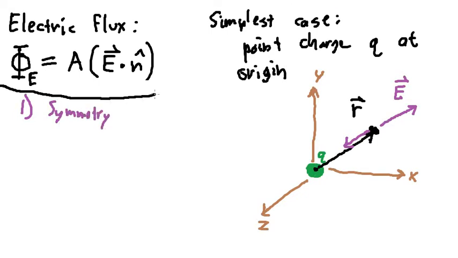The symmetry means if you are at this point, all you really know about is this charge Q here, and there's no reason to think that the field should go this way or this way or this way specifically. The only directions you'd expect it to go are maybe out or maybe in, okay? So the electric field might possibly go outward, directly away from Q, or it might possibly go directly inward. Anything else doesn't really make sense by symmetry.